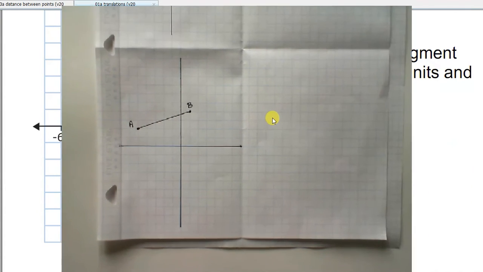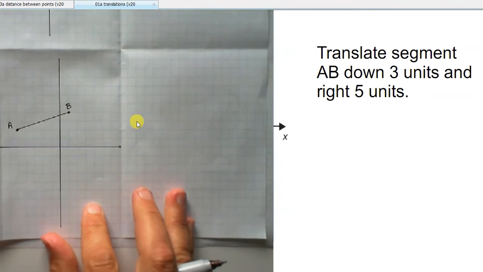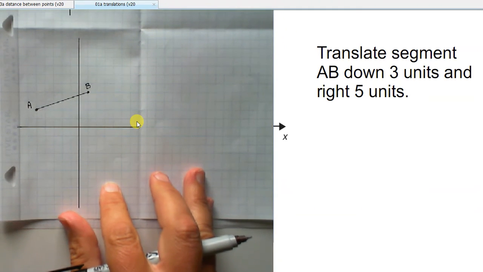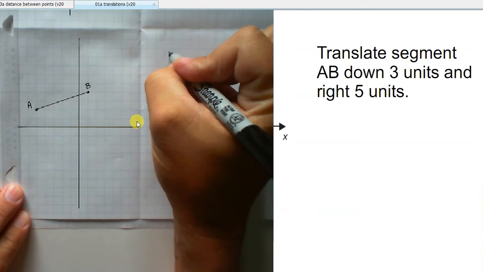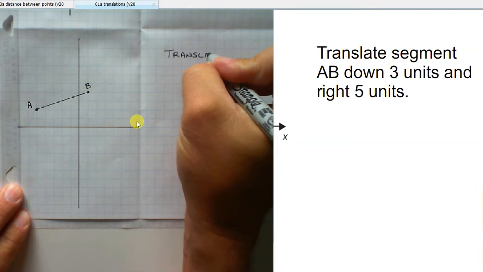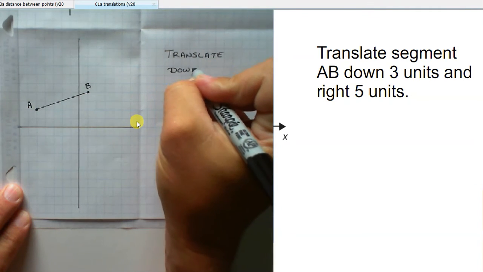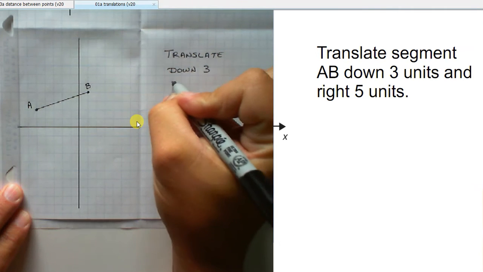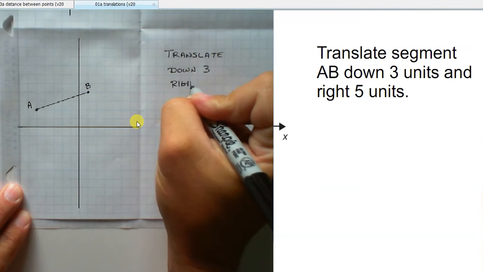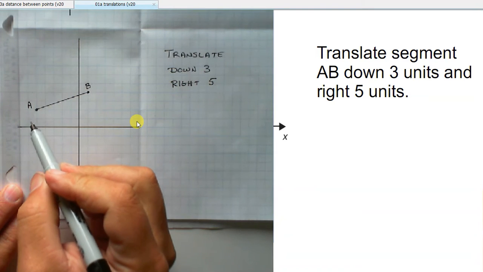How do we want to move this thing? We want to go down 3 and right 5. So I do each point, point by point.